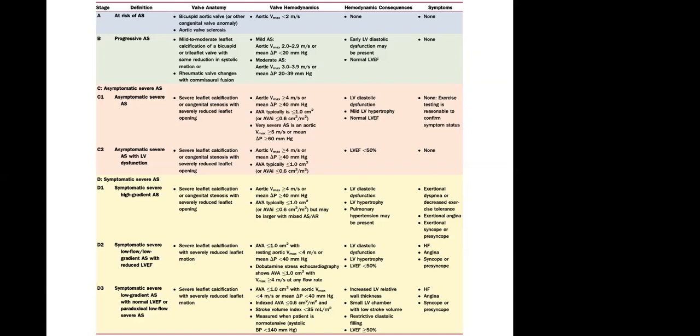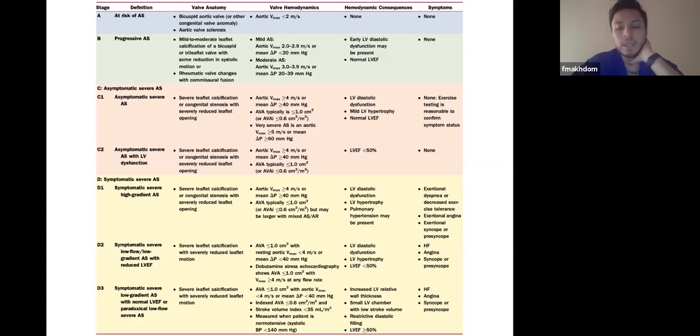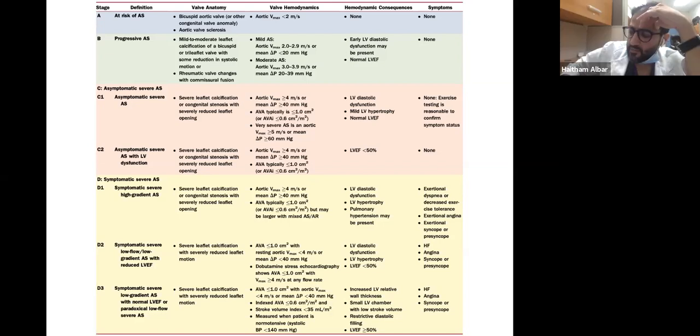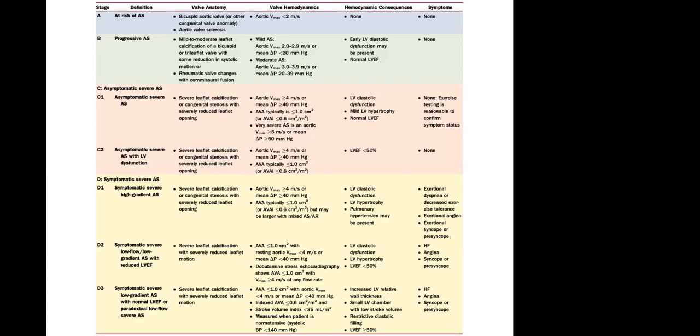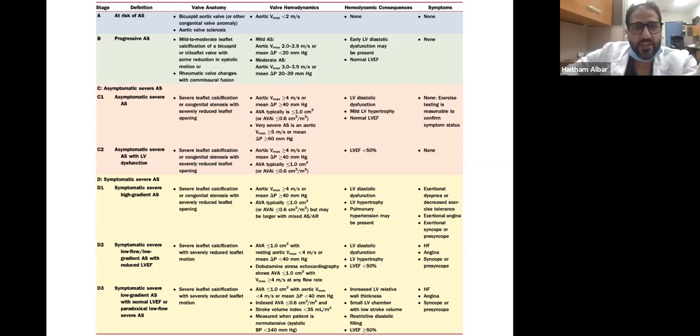I'm not sure about the number, but it's affected by male and female, the heart rate, and the ejection fraction. Yeah, but if you index it to body surface area, it's going to be a fixed number, just like cardiac output and cardiac index. I think it is 1 ml per kg.